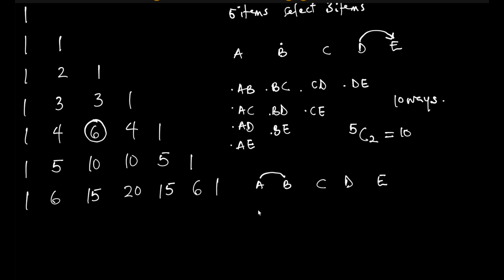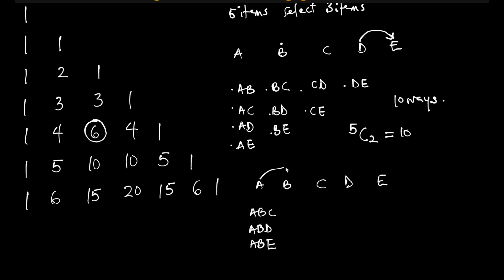So I have AB. Now I can pitch my AB with C, ABC. I can pitch that with D, ABD. I can do that with E, I have ABE. Now that has been cleared.